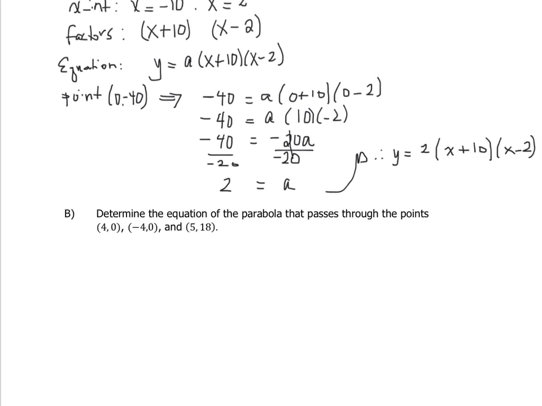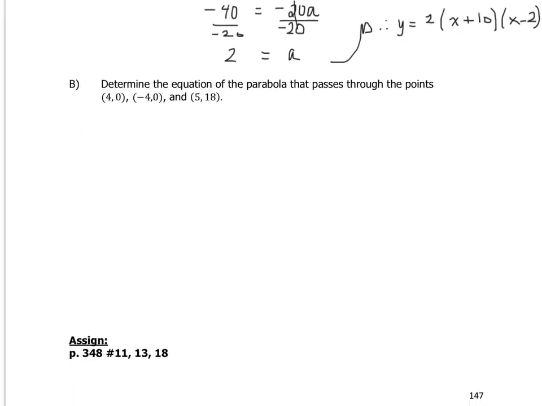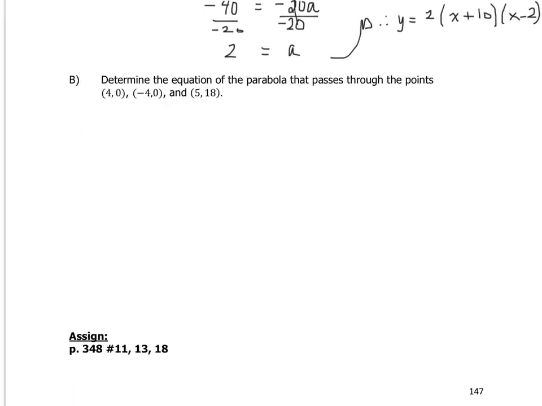And the next example is very similar to that one. It says that you have to determine the equation of the parabola that passes through the points (4, 0), (-4, 0), and (5, 18). So again, these have a y-coordinate of 0, so that means they are x-intercepts.